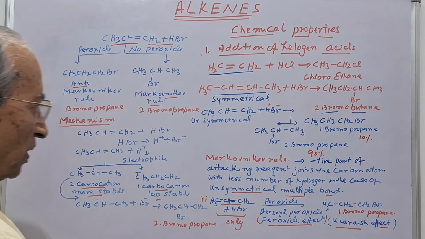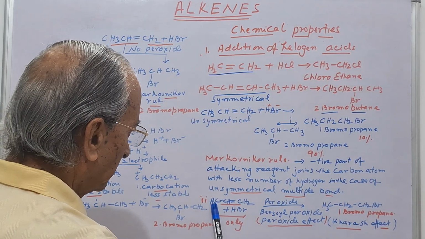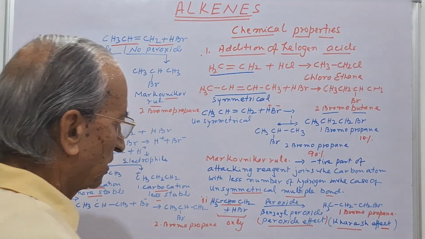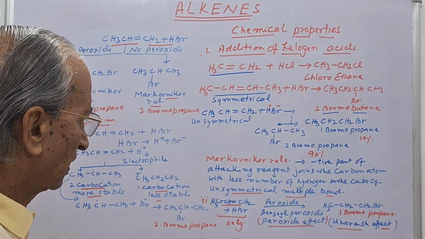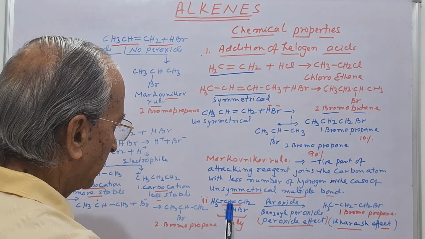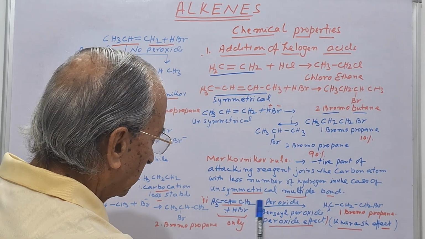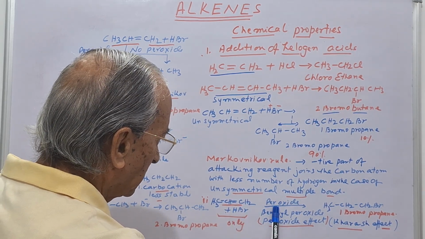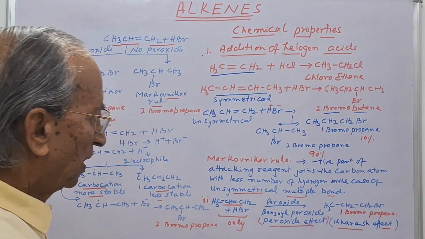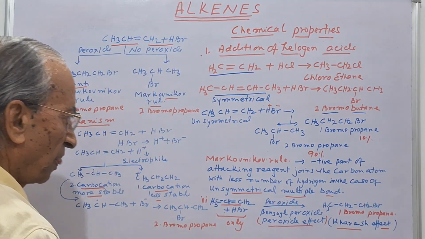Now, one thing is more important, it's a very important thing. If this unsymmetrical compound, that is propene, reacts with HBr in the presence of peroxide, that is benzoyl peroxide, it only forms 1-bromopropane.